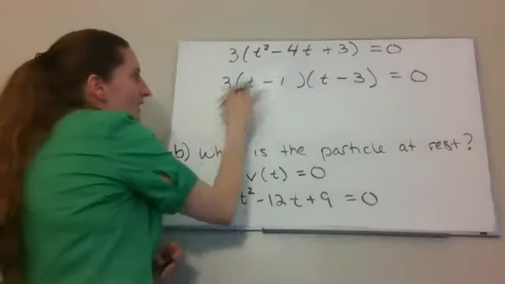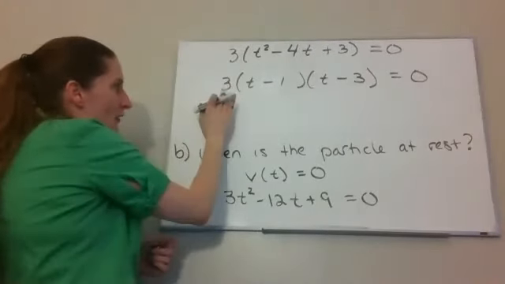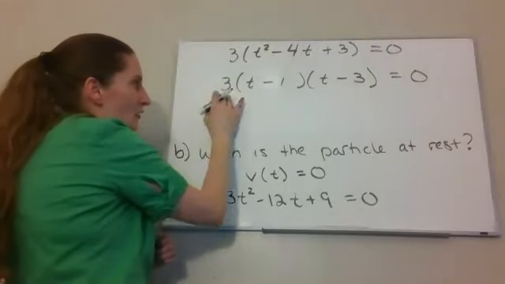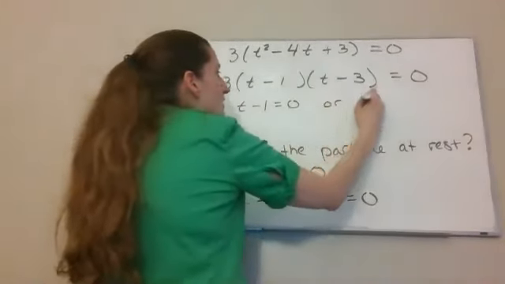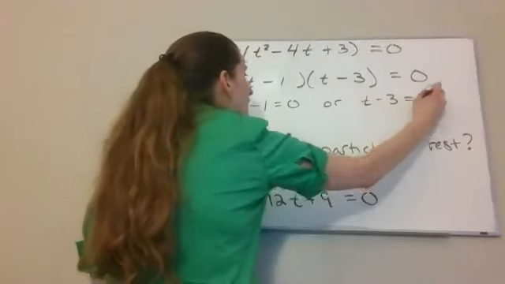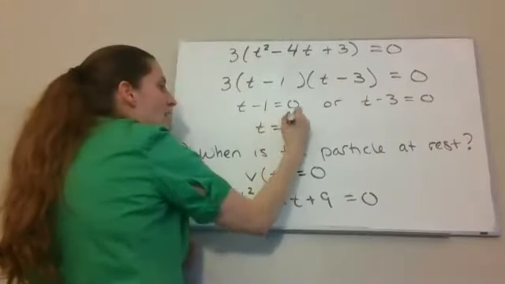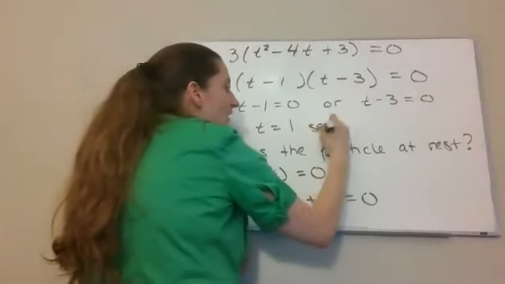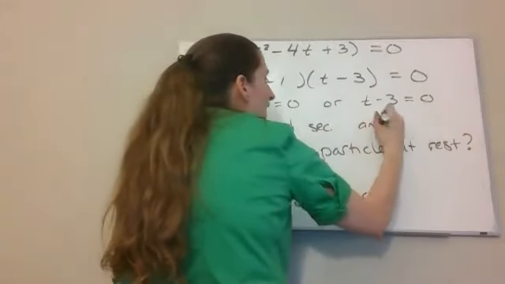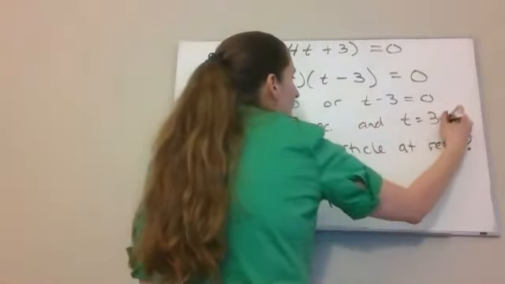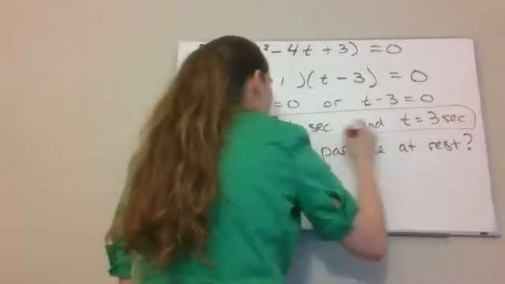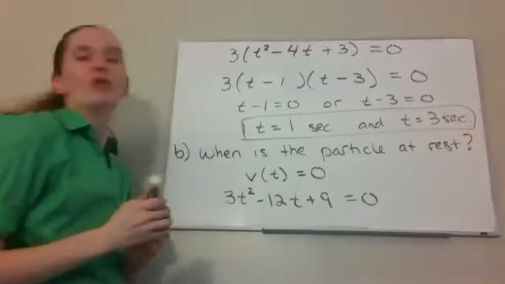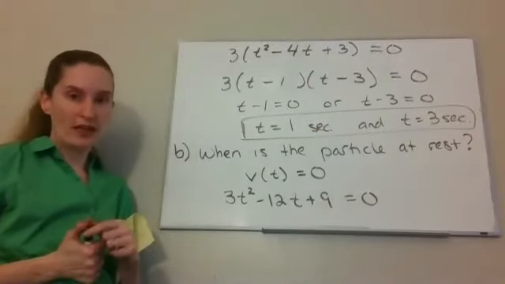So I would set each piece equal to 0. We know this 3 is never going to be equal to 0. So we get t minus 1 is 0, or t minus 3 is 0. So the particle is at rest at t equals 1 second, and again at t equals 3 seconds. So there were 2 moments where our particle stopped moving, just briefly.